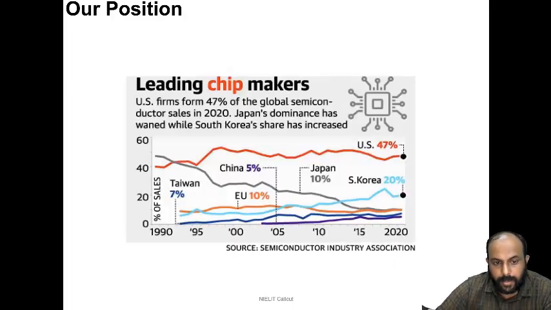Also, if you look at the position of our country among the leading chip makers, you can see that India is a newbie. 47% of the market share is handled right now by the United States of America. The source of this infographic is a study by the Semiconductor Industry Association, conducted in 2020.